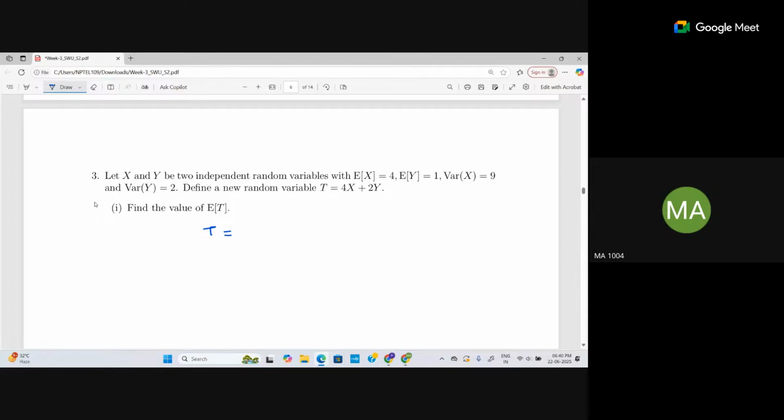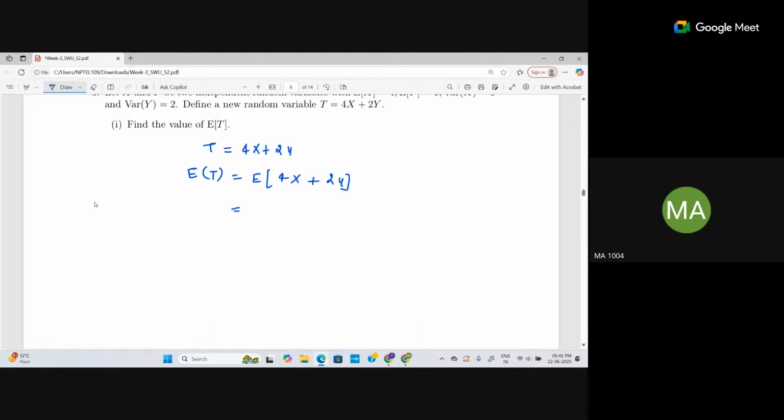So t is defined as 4x plus 2y. Now we have to take expectation on both sides. So expectation of t is equal to expectation of 4x plus 2y. Okay, so this we can write as 4 times expectation of x plus 2 times expectation of y.